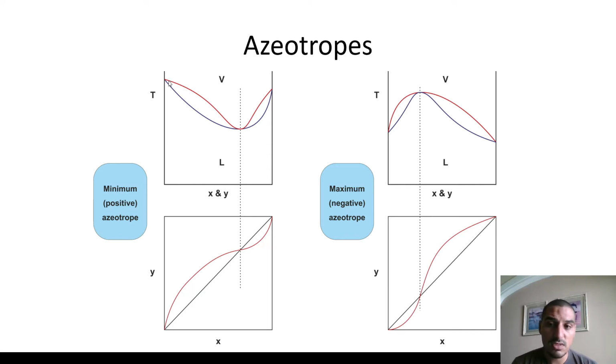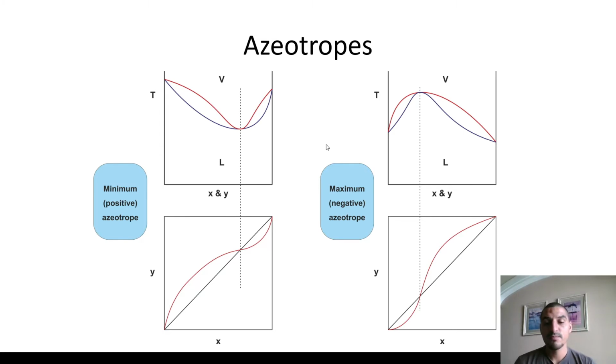So this is what we see here. This is the vaporous curve, and at this point the liquidus and vaporous curve intersect. It can be at a temperature lower than the boiling points of the two components, or higher than the two boiling points of the two components. So it might be called a minimum or positive azeotrope in this case, or a maximum or negative azeotrope in this case.